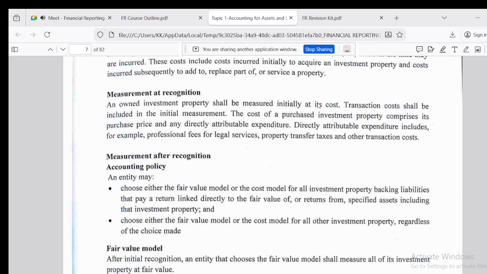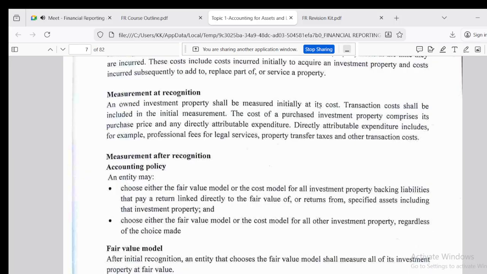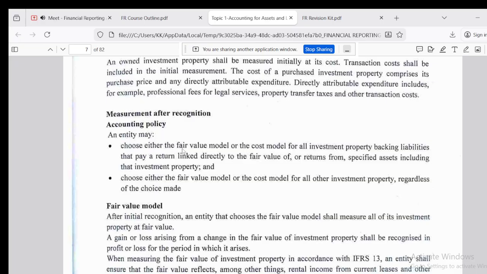So you can write accounting policy, how that is accounted for. Measurement after recognition, then accounting policy: an entity may choose either the fair value model.